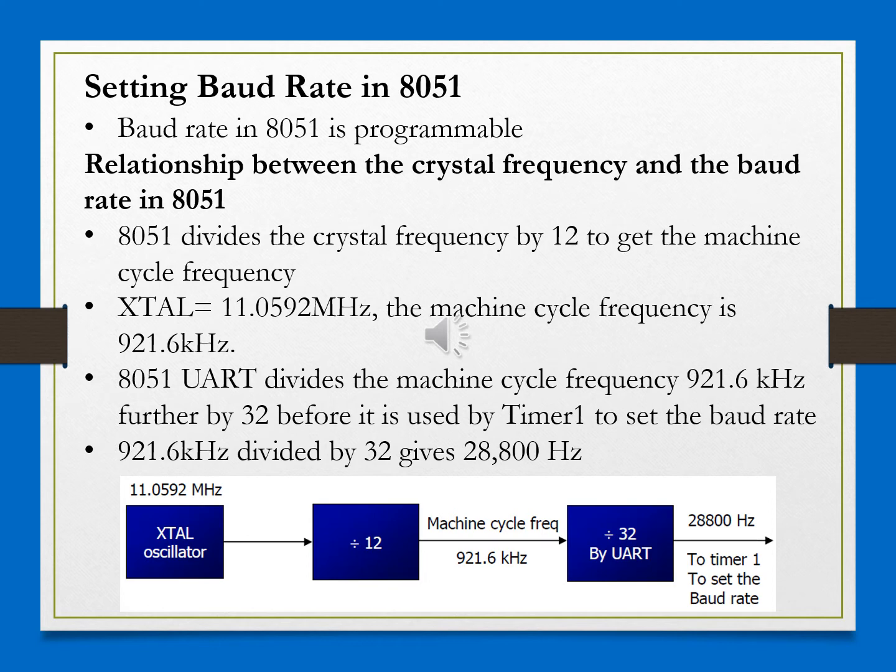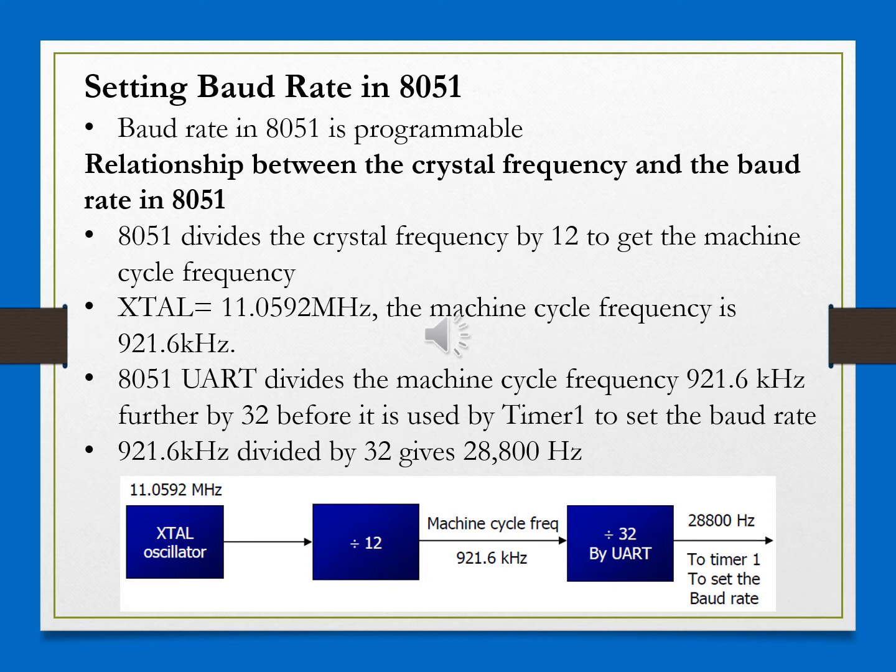The 8051 divides the crystal frequency by 12 to get the machine cycle frequency. If the crystal connected to 8051 is 11.0592 megahertz, then dividing it by 12 we get 921.6 kilohertz.